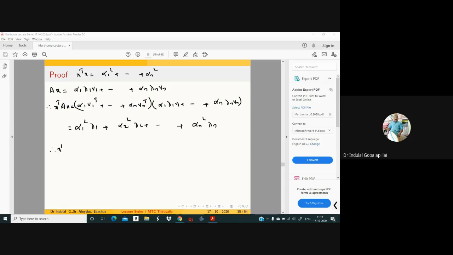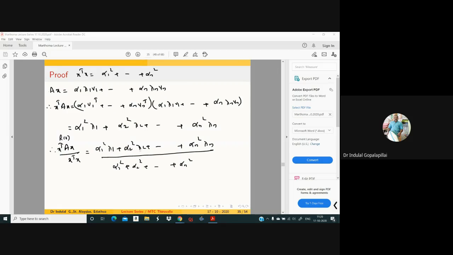Therefore, x transpose Ax by x transpose x, so this is the Rayleigh quotient of x, is equal to alpha 1 square lambda 1 plus alpha 2 square lambda 2 plus etc. plus alpha n square lambda n, divided by alpha 1 square plus alpha 2 square plus etc. plus alpha n square. And now we know that lambda 1 is the largest eigenvalue.